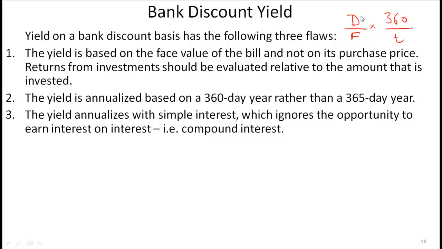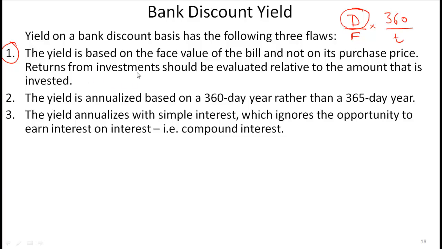So normal yield measures take the amount, discount here being 20, and divide by the purchase price. But what we are dividing by is not the purchase price of 980 in the previous example. We divided by the face value, which is the amount that will be received at the end. So this is a major flaw and identified as flaw number 1.